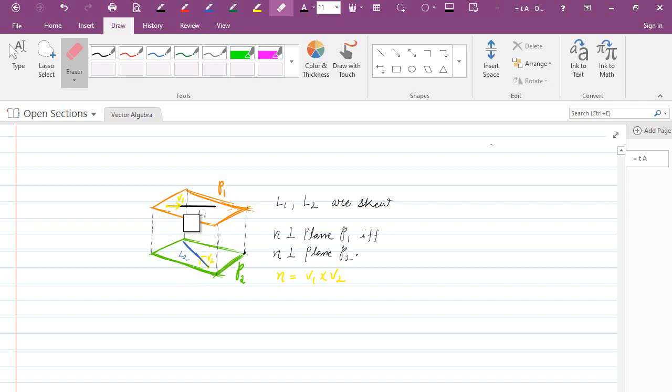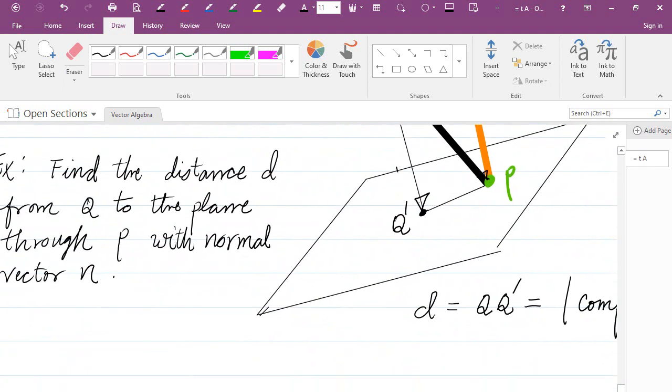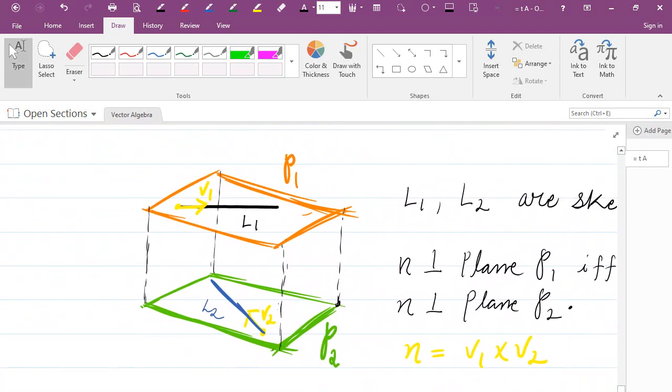So you see the line L1 with the parallel vector v1, and here I have the line L2, which is parallel to the vector v2. So v1 and v2 aren't really parallel vectors, but notice that L1 and L2 lie on parallel planes.